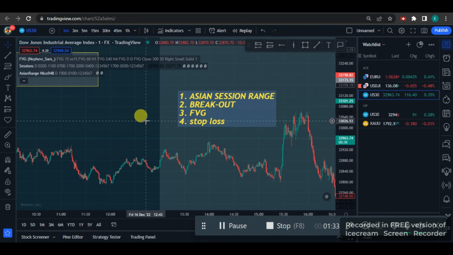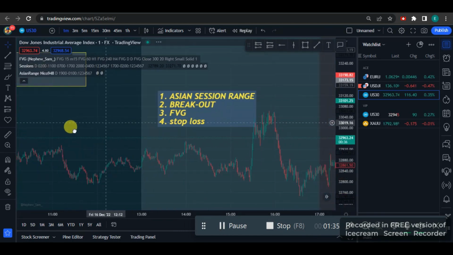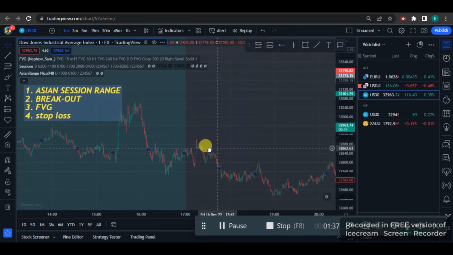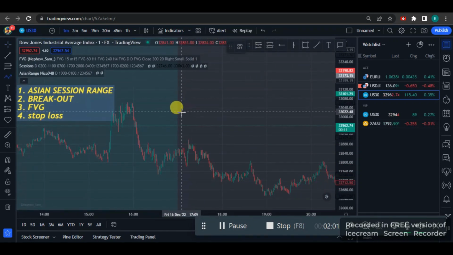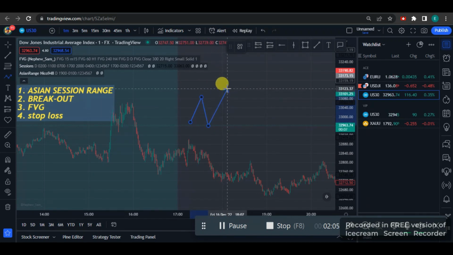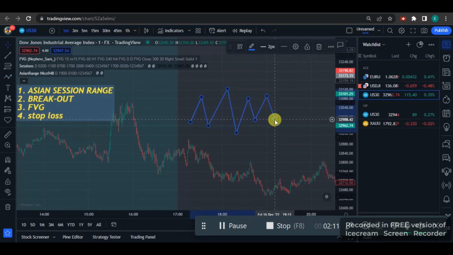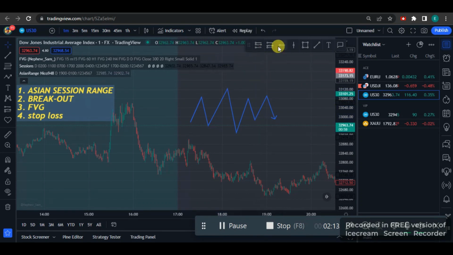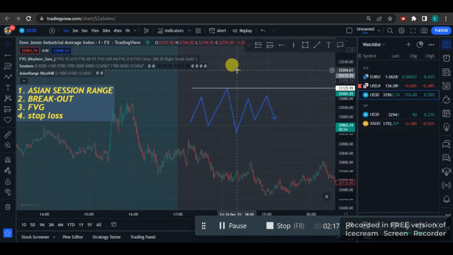Alright guys, so one thing you want to do is you want to look for, let me just use a blank canvas. Alright, so you want to look for the Asian session range when it's ranging like this. Let me just assume that, let's say this is the Asian session range where price is just consolidating. So what you want to do now is you want to look for the highs and the lows of the Asian session range.